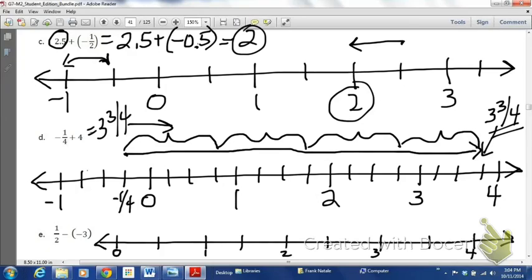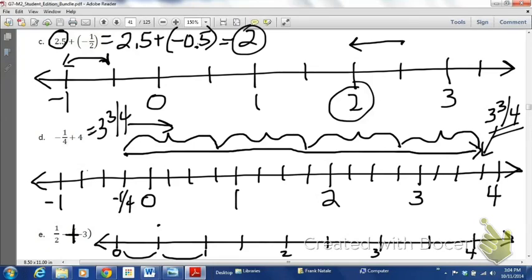Okay, so our last one, E here, we start at 1/2, and again I realized I didn't need the positive part of the number line. I guess it is 1/2, because I've created segments of halves. So that's negative 1/2, and then I'm going to subtract a negative 3, which of course is the same as adding.